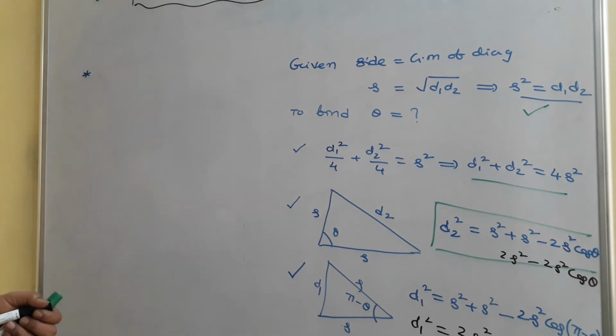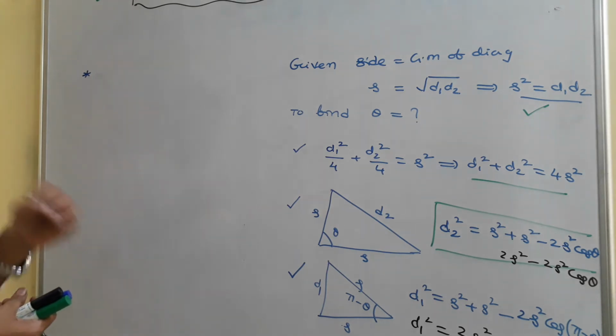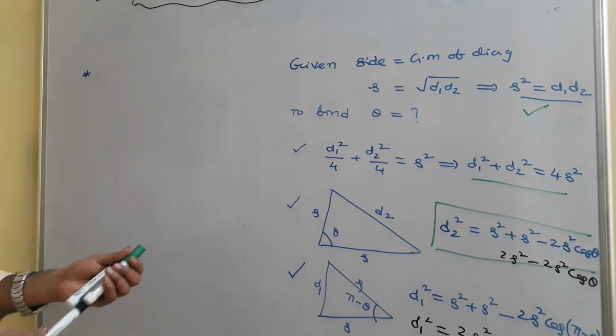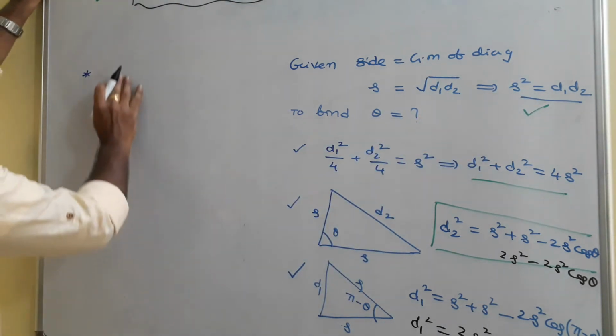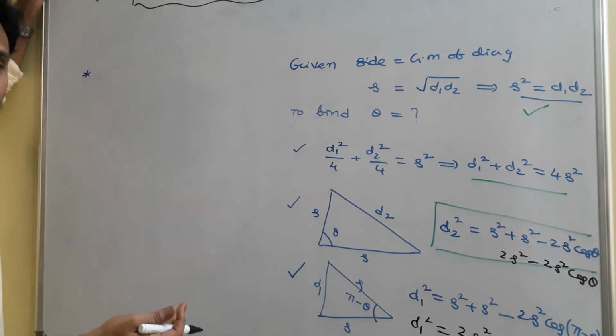Our intention is to find theta. To find theta, that is what we need to analyze. d1 square plus d2 square is given, and d1 d2 is also there. I do one thing: I will find d1 and I will find d2.